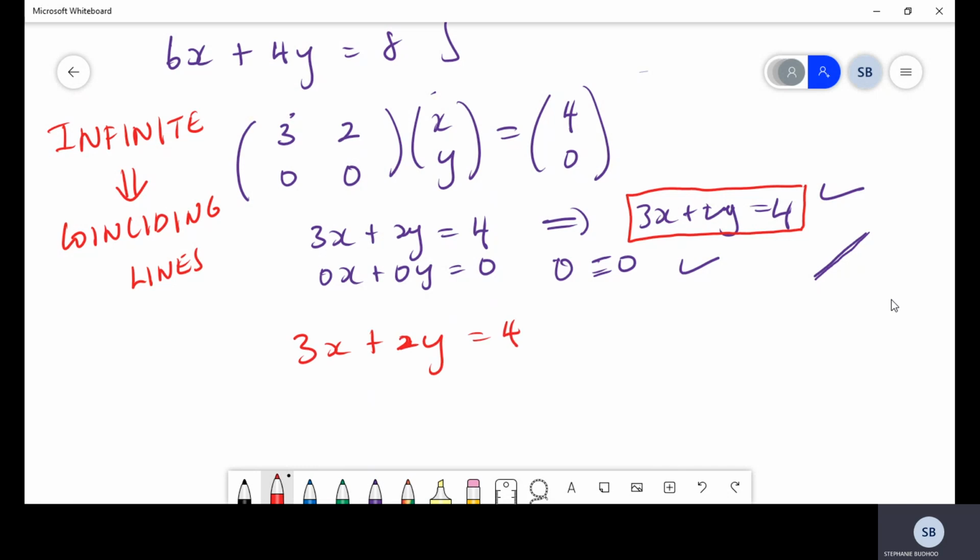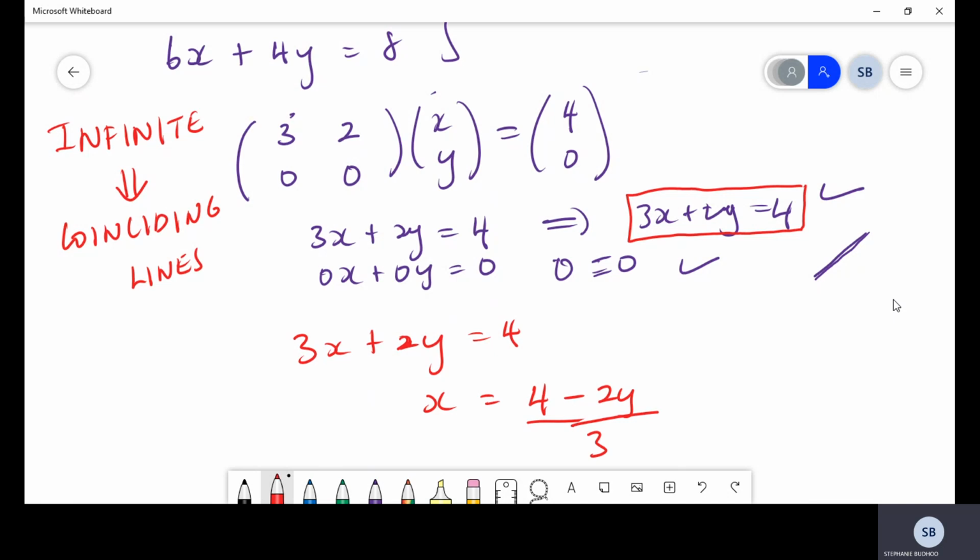And obviously, you can't solve for x here, you can't solve for y, but you can make one of them a subject of the formula in terms of the other. Let's just say we choose to make x the subject of the formula, then that gives us 4 subtract 2y all over 3.